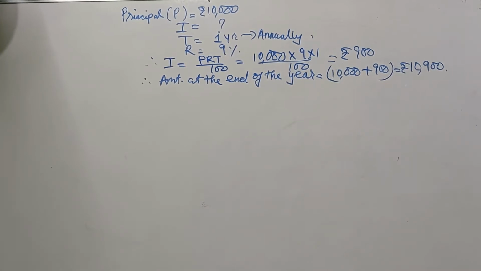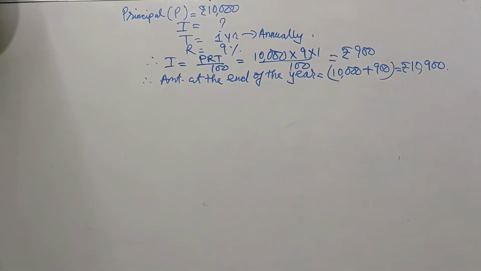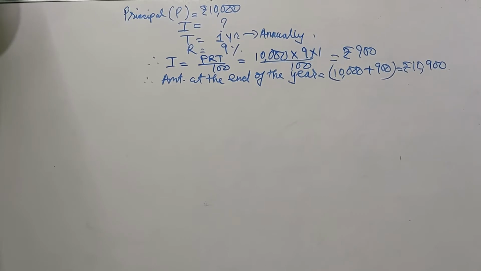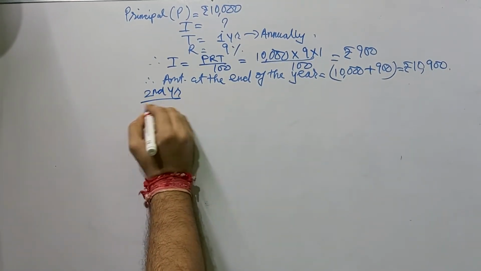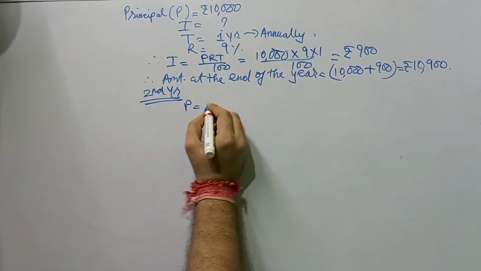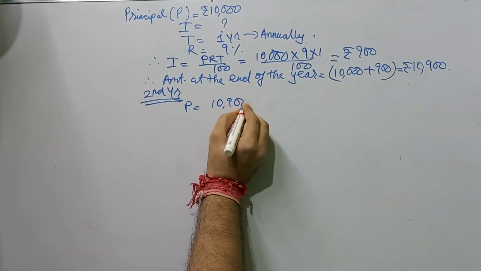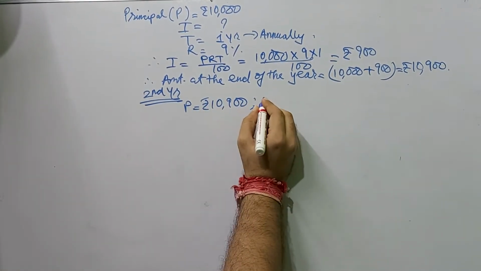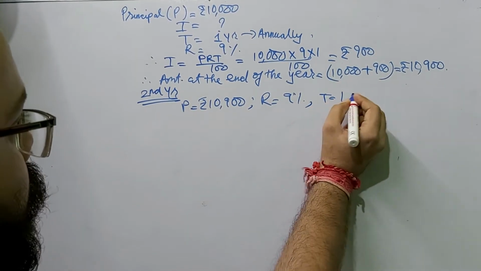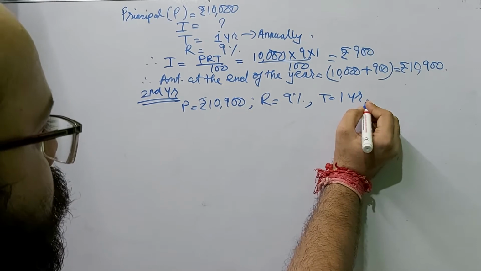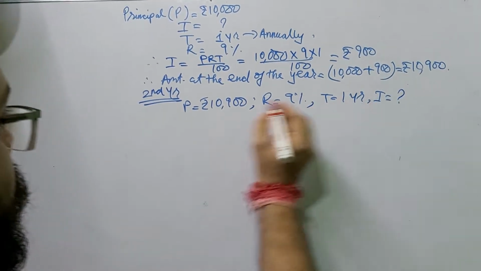So next part is the second year. In the same way, for the second year, P is 10,900, R is 9%, T is 1 year, and you have to calculate I.